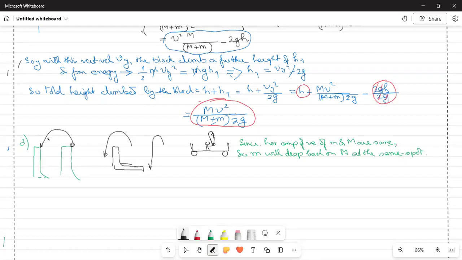Now, the question was how far the bigger block will move, what distance it will move while the smaller block was under gravity. Say this distance is d. They want you to find this distance, right?